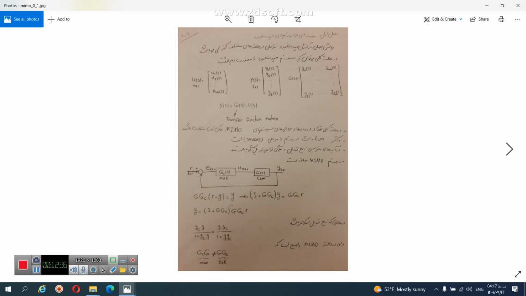Y to r equal to 1, c g, c g for this. The next one.